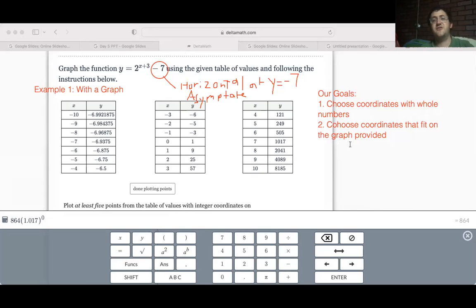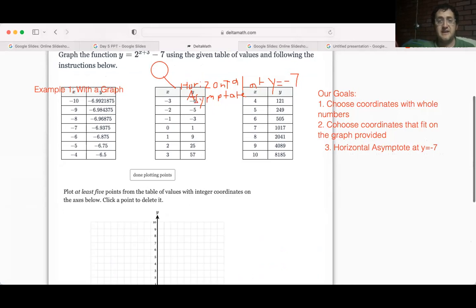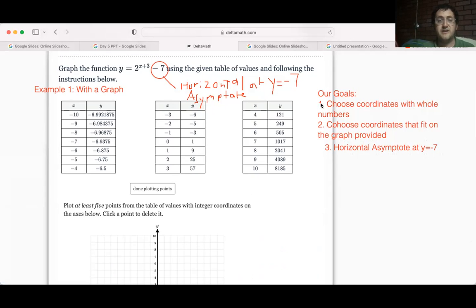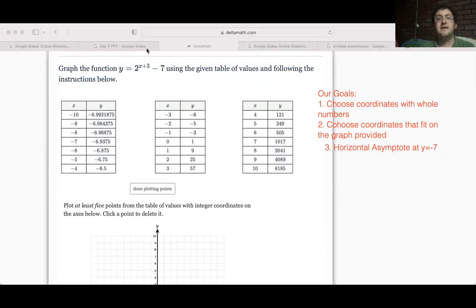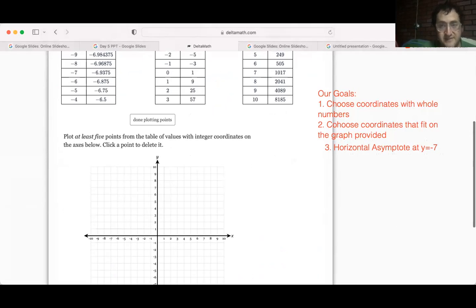So I'm going to put that in my third goal here: horizontal asymptote at y equals -7. So I'm going to get my calculator off the screen here, and we are going to erase everything but our goals. And we're going to plot some points.